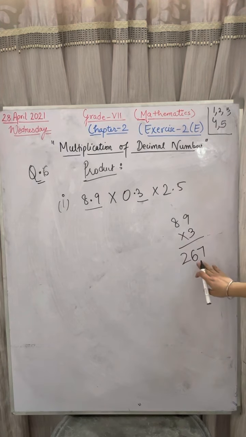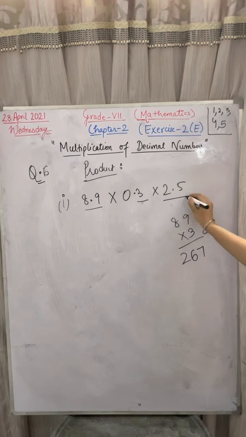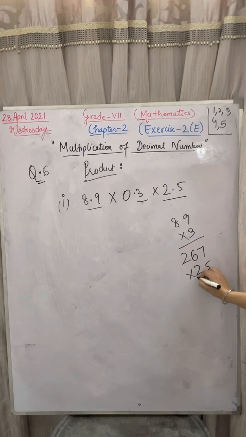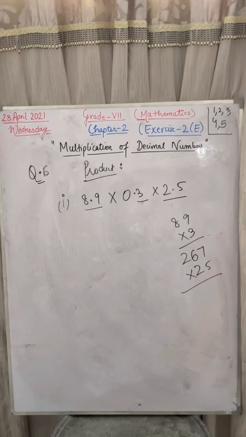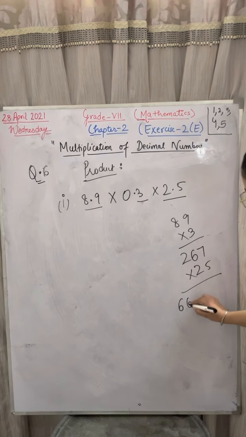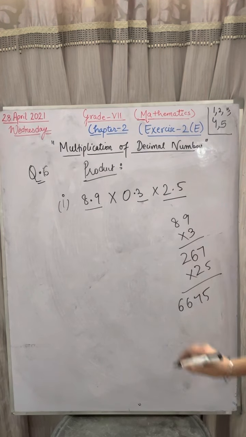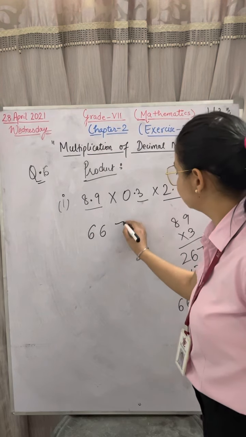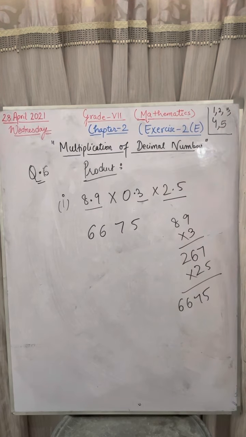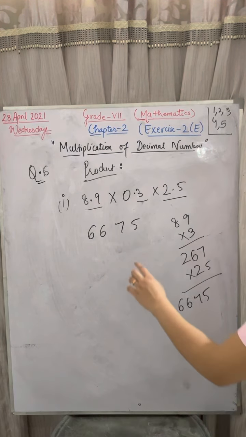Now 267 multiplied with 25. Tell me the answer quickly. Rishika, very good. Very good, Siddharth. 6, 6, 7, 5. Now please tell me where I can place the decimal.